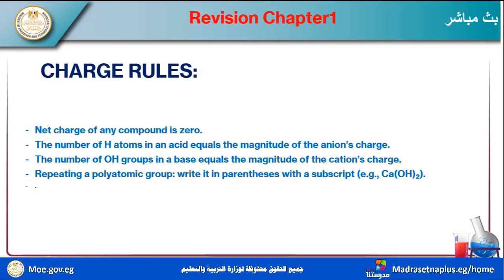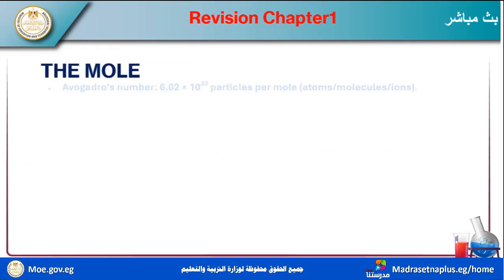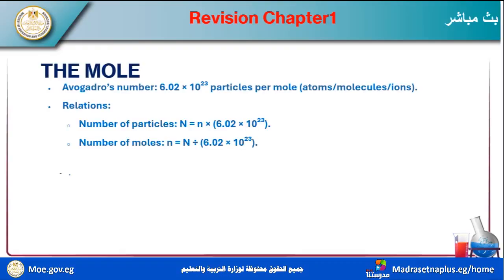Now the number of OH groups of a base equals the magnitude of the cation. Again, we can focus on these repeated polyatomic groups to know the components of any acids, salts or basic compounds. Now Ca(OH)2 is calcium hydroxide.